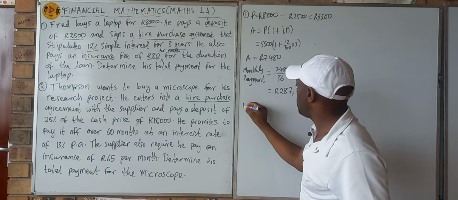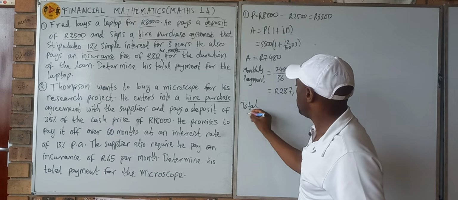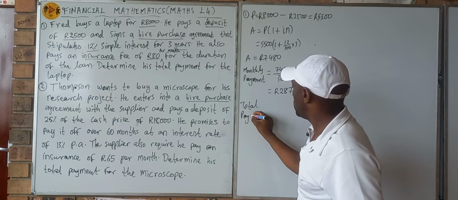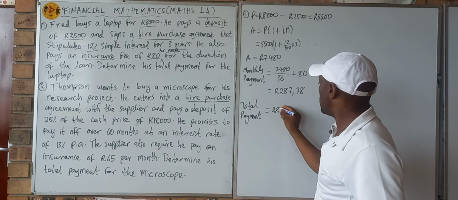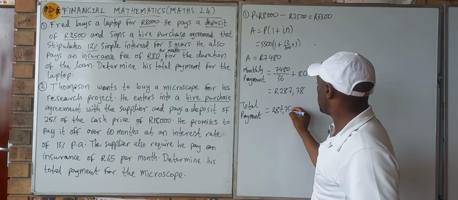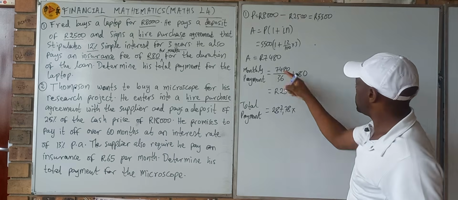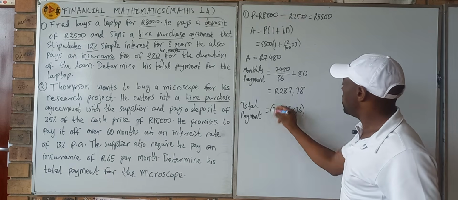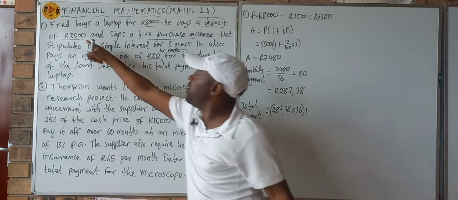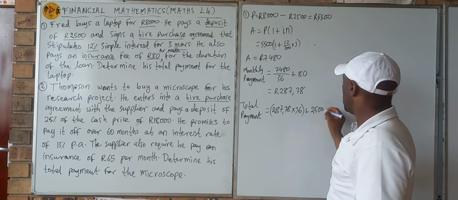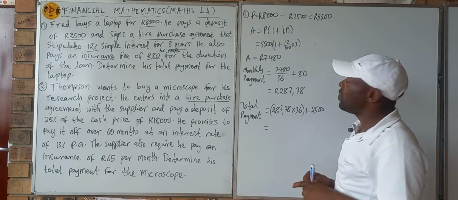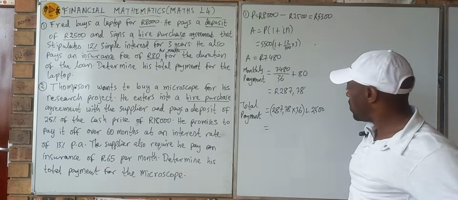So for the total payment, we need to take his monthly payment, which is 287.78. We multiply by the number of months, which is 36. Then we add the 2,500, which was the deposit, to see the total amount this person has paid for that asset, the laptop.